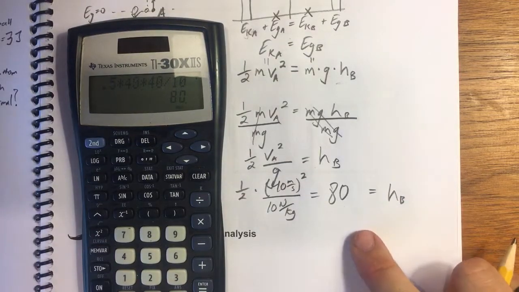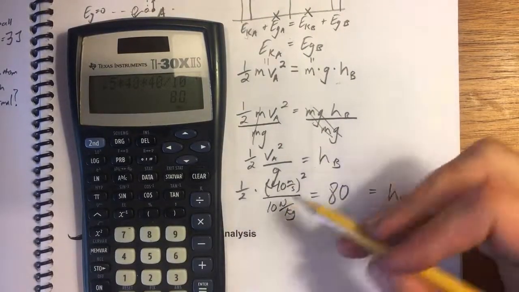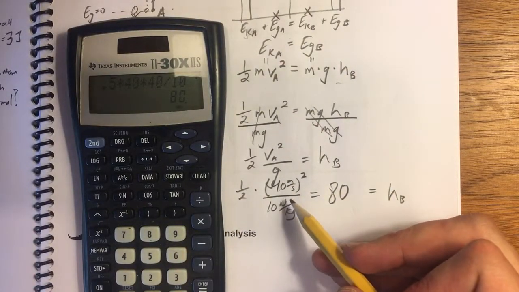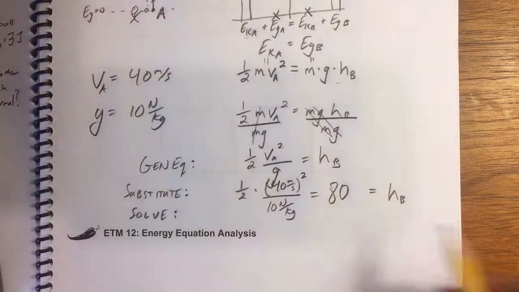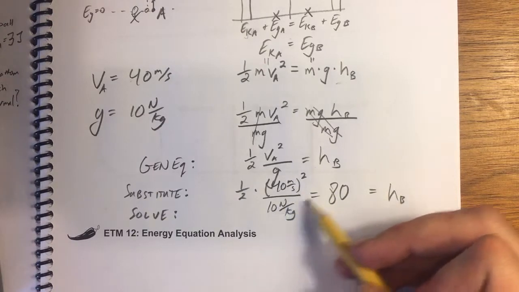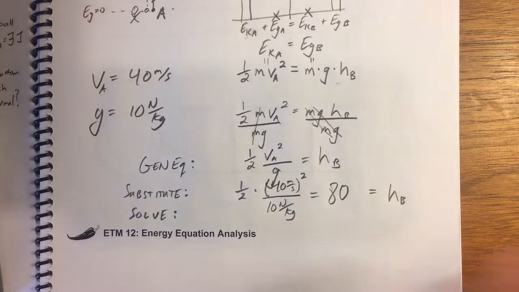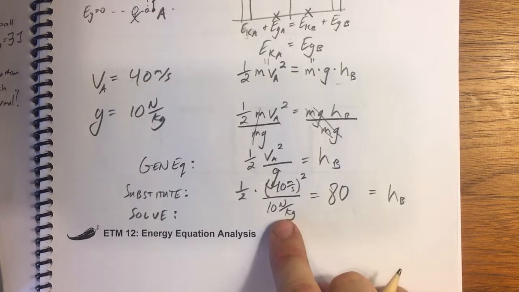Now, I want to point something out here, because what I've got on this side, if I'm trying to actually think about my units, is a huge mess. If I'm actually trying to think about the units here, I get meters squared per second squared divided by newtons divided by kilograms. It's a whole crazy mess. And if we were to go through and figure it out, the units would actually work out in a way that makes sense.